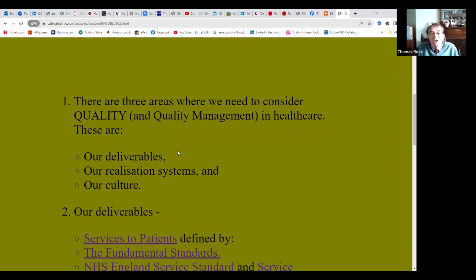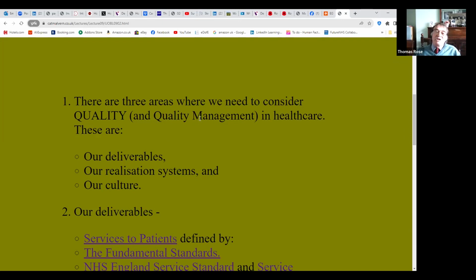And this terminology might be a little bit difficult for you, but it's the terminology that's used internationally through the quality management fraternity. So the first one is your deliverables. And I'm going to go through each of these in turn to talk about what they are. Then there's the realization system. And then there's really the people and the culture of the people, the sort of management system culture.